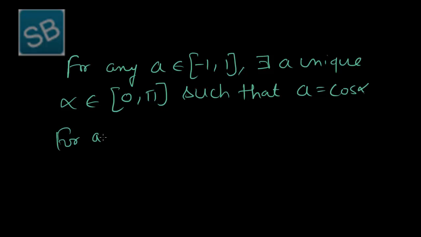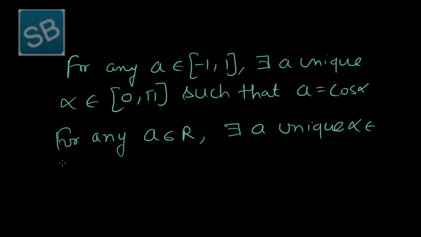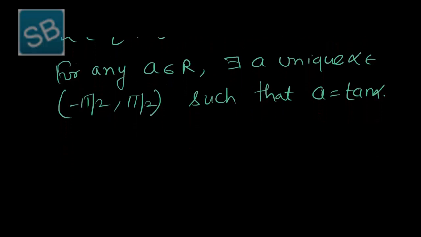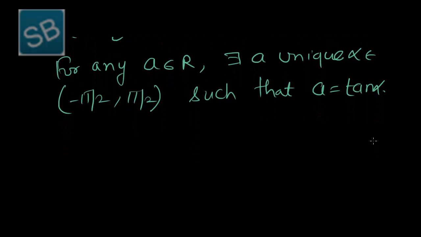And for any A belongs to R, there exists a unique alpha belongs to minus pi by 2 to pi by 2 such that A is equal to tan alpha. So we get the unique solution for cos alpha is equal to A, sin alpha is equal to A and tan alpha is equal to A in the restricted domain.